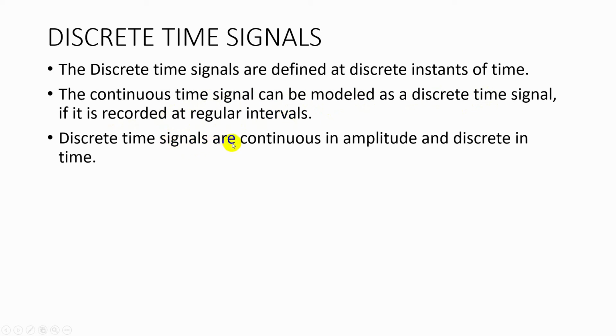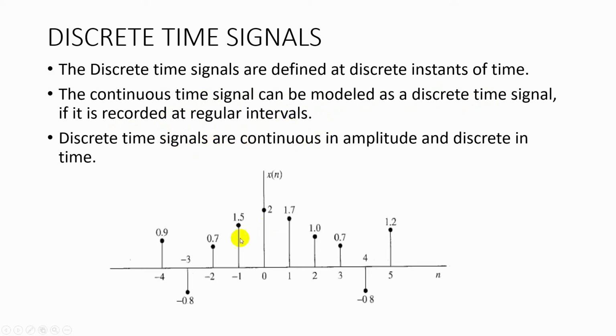Discrete time signals are continuous in amplitude and discrete in time. That is, the amplitude is varying as 1.7, 1.7, 1.2 like that. But we are measuring the amplitude only at the time periods 0, 1, 2, 3, 4, etc.